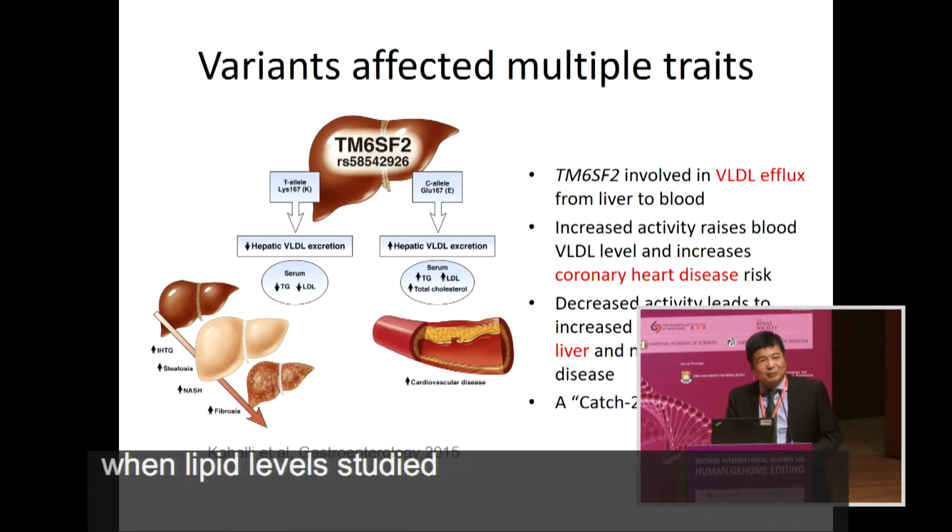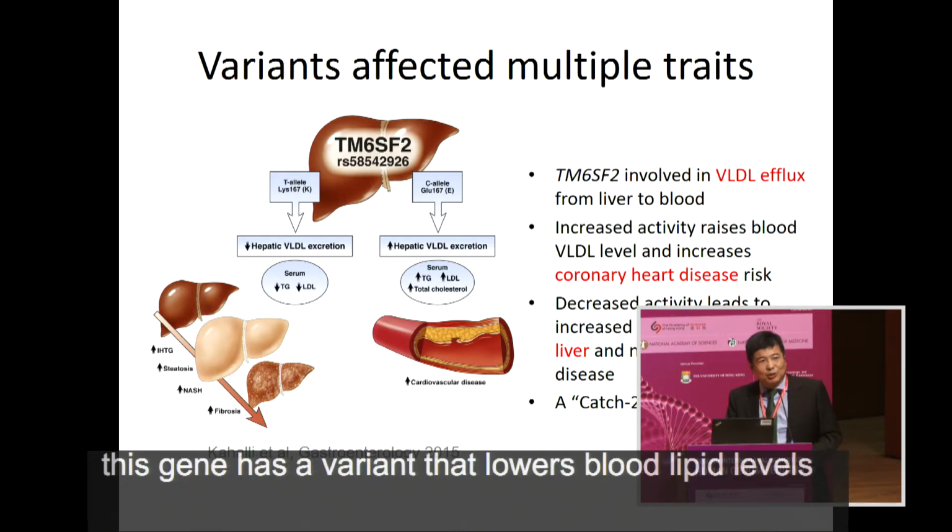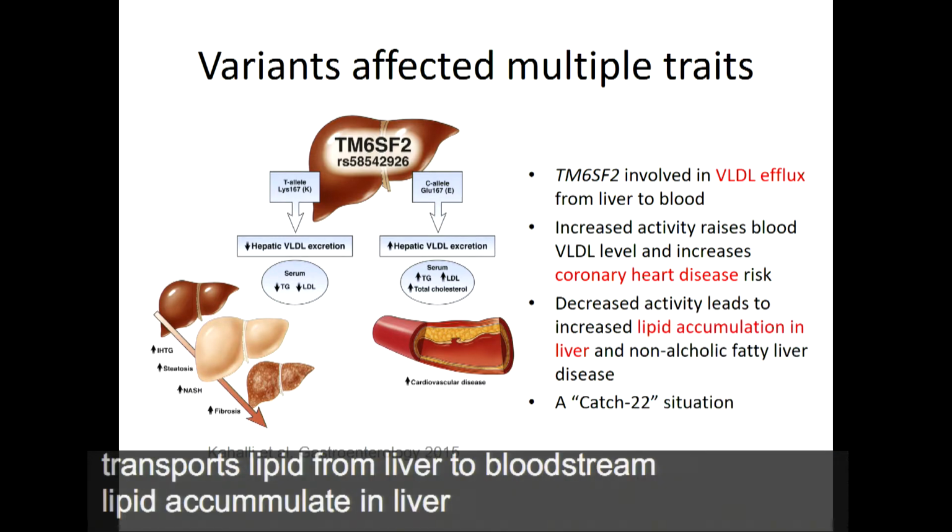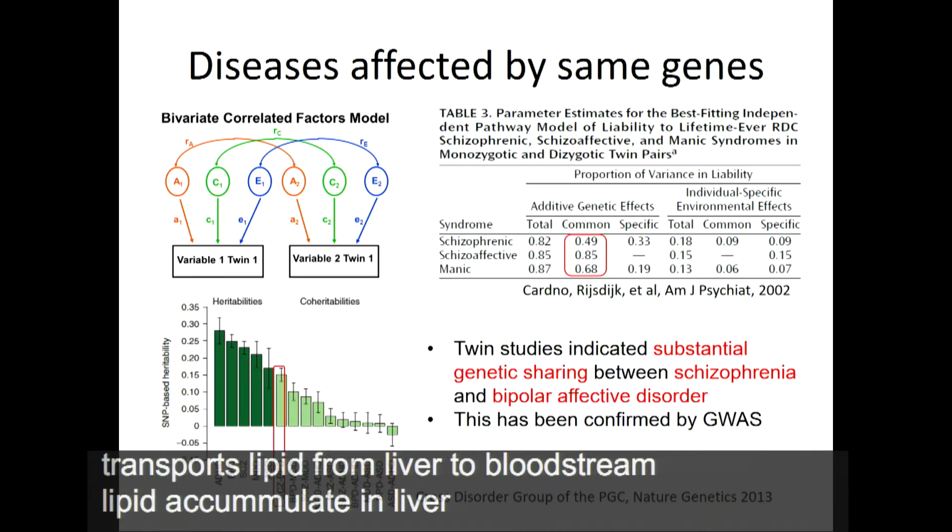And the mechanism appears to be that this gene is responsible for the transport of lipids from the liver into the bloodstream, so that when the activity of this protein is lowered by mutation, the reduction of excretion of lipids into the blood results in lower blood lipid levels, but then the lipids accumulate in the liver, causing fatty liver disease. So I think this illustrates the importance of understanding the full spectrum of an effect of a mutation before it can be targeted for treatment.